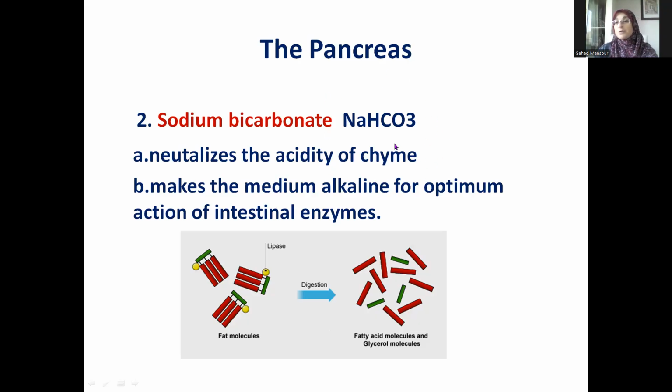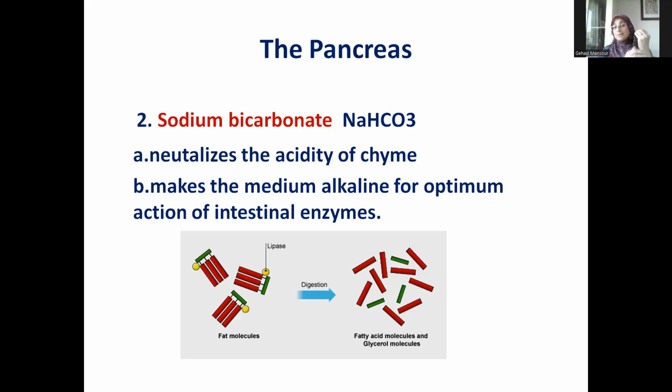And sodium bicarbonate in the pancreatic juice is very important, because this pancreatic juice will fall into the duodenum. So the duodenum also receives chyme. There is chyme coming from the stomach, and there is pancreatic juice coming from the pancreas, and they both meet in the duodenum.